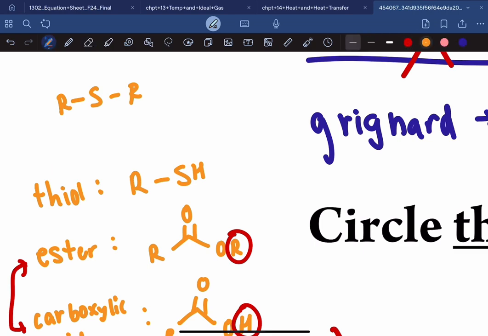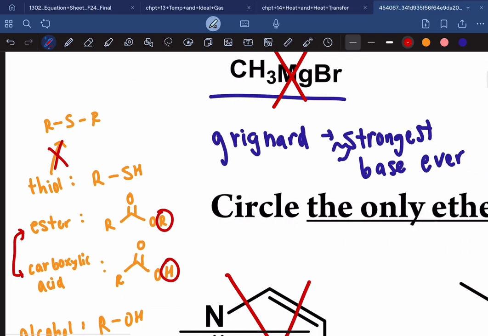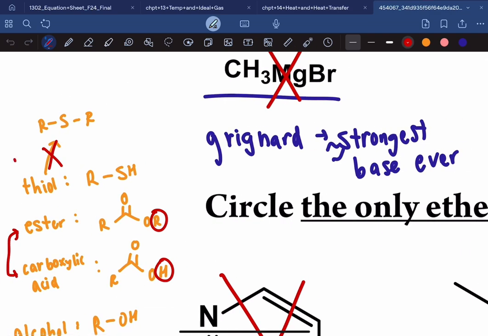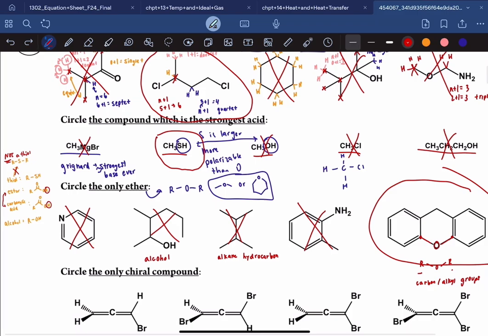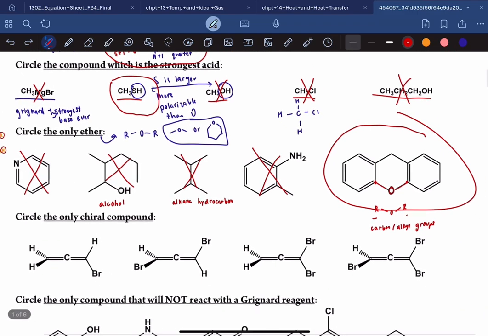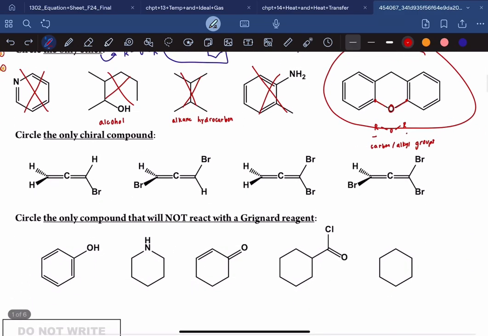Sorry. And this is not. Let's be very clear here. This is not a thiol. Please, please don't make that mistake, okay? Not. This is, though, on the right. This is, okay? But yeah, so that's how you find the ether, okay? Very good.